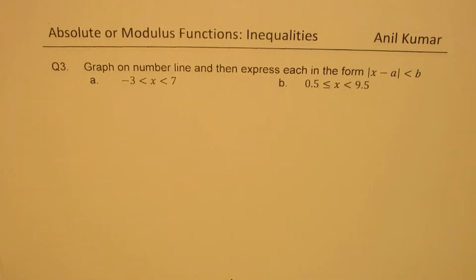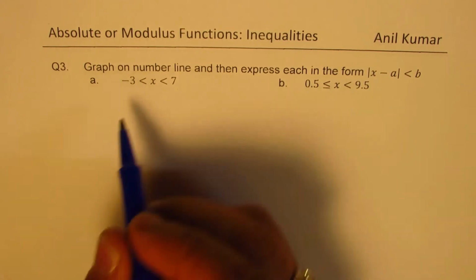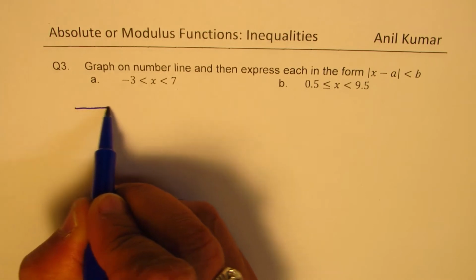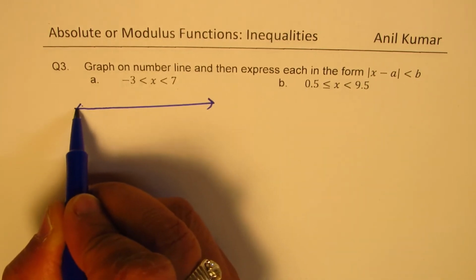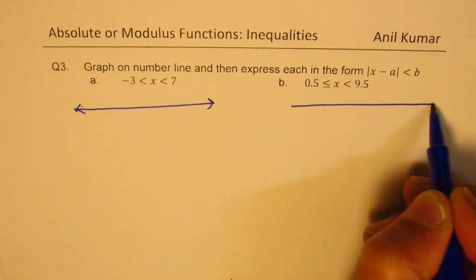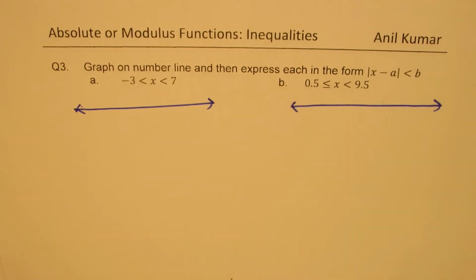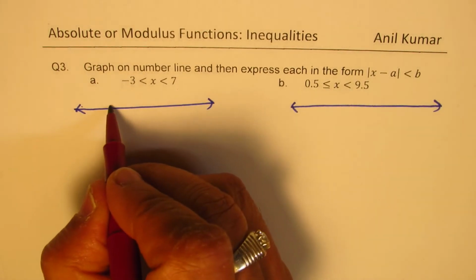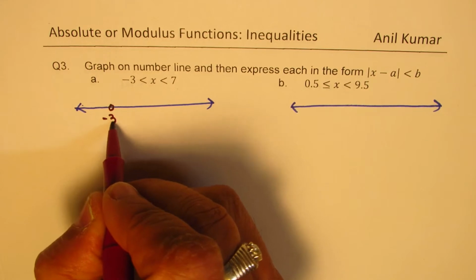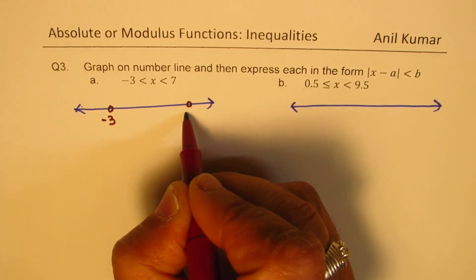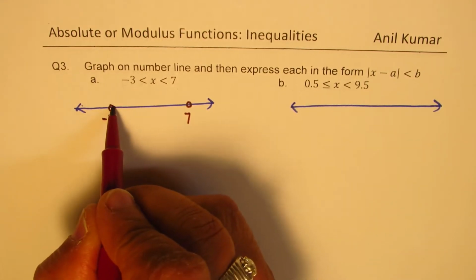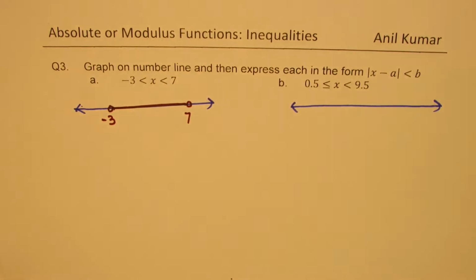Well, the first part, representing them on a number line, is fairly simple. Let's do that first, right? And then we'll talk about writing this as an absolute value function, correct? So what we are trying to say here is that we have a point here which is minus 3 and a point 7. Both are not included, but everything in between is included, correct?